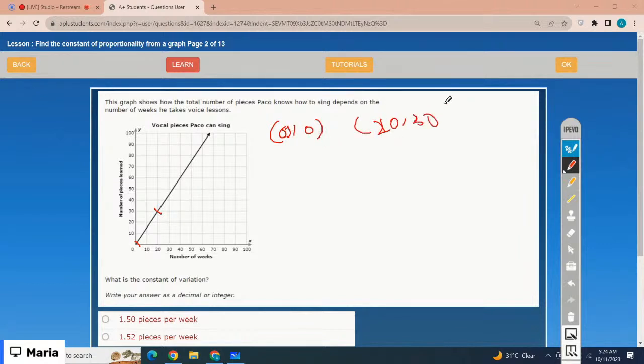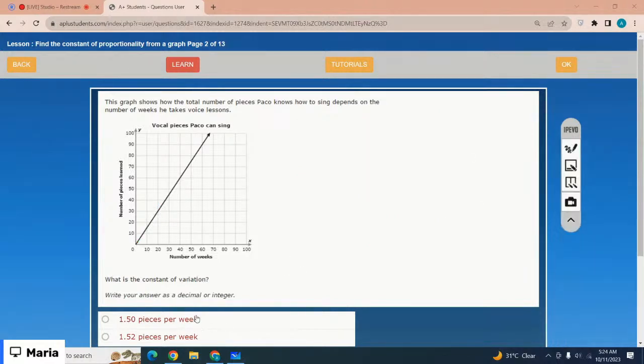So just calculate the slope. That is change in y, 30 minus 0, divided by 20 minus 0, that is 3 over 2, and yes, 3 over 2 is again 1.50. The correct option is 1.50 pieces per week.